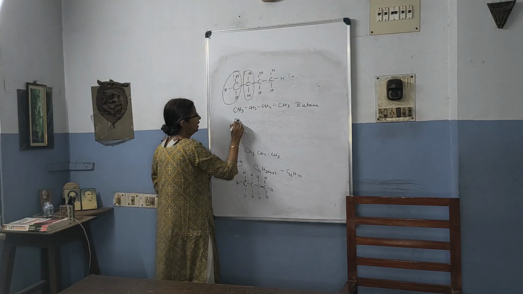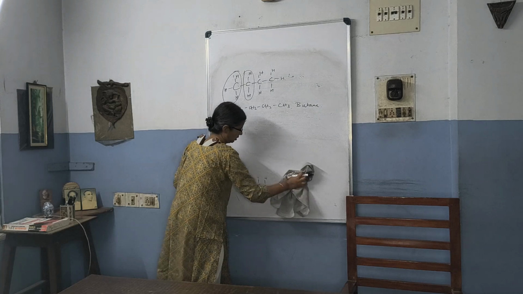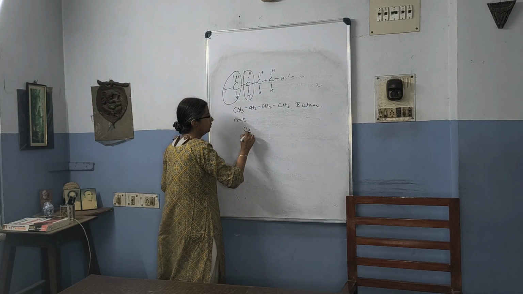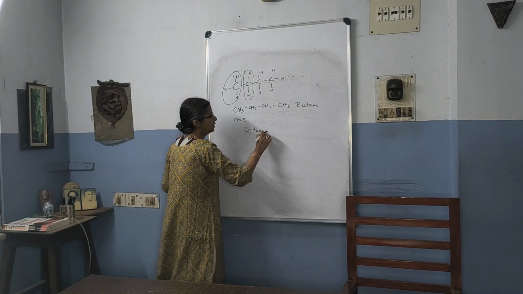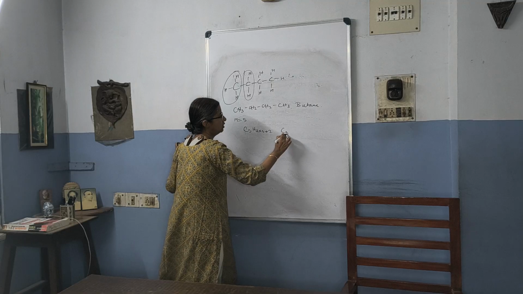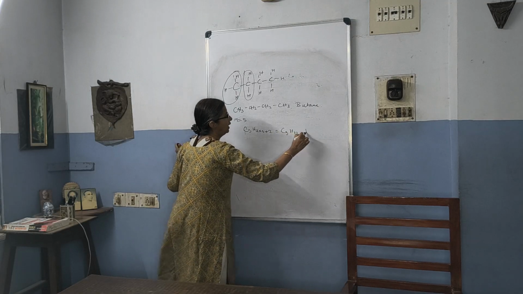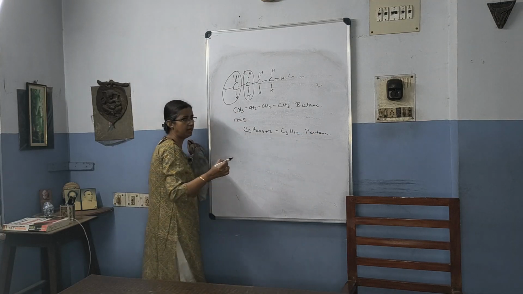Then comes pentane. n is equal to 5. It is C5H2 into 5 plus 2. That is C5H12. This is called pentane. And like this we have hexane, heptane, like that.